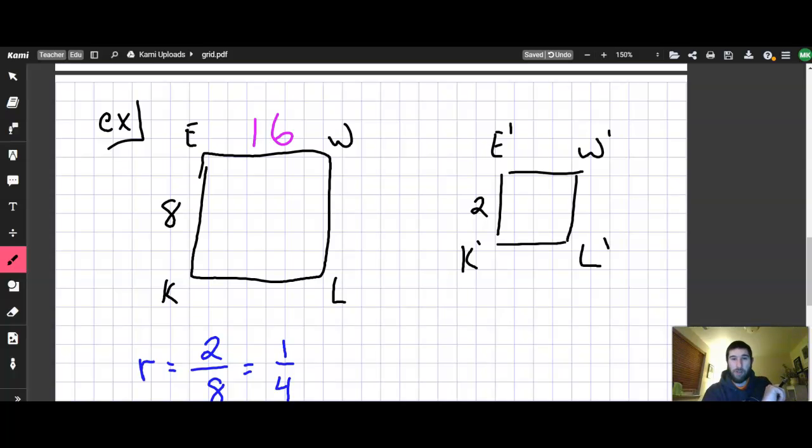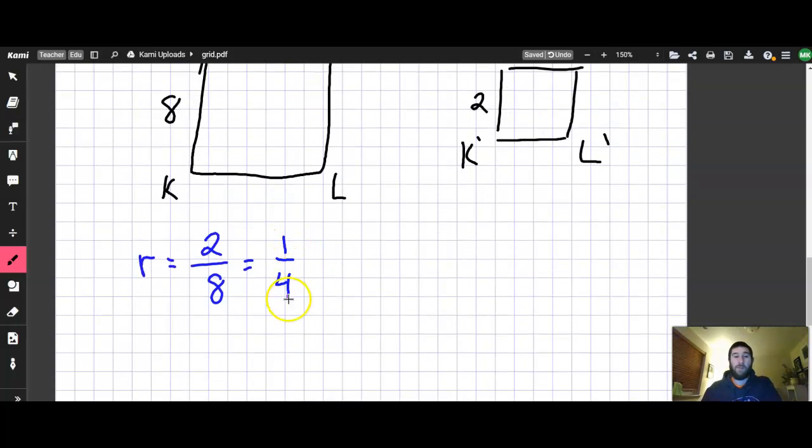Let's write out a proportion to solve for EW, which I'll label as X. We want to match up the corresponding sides, image over pre-image. And so we already have the 8 and the 2. And we already figured out that 1/4 is our scale factor.